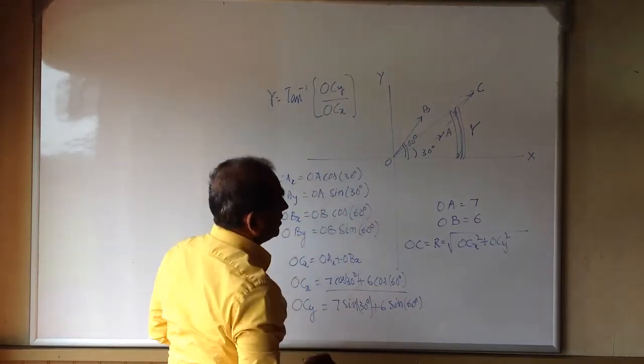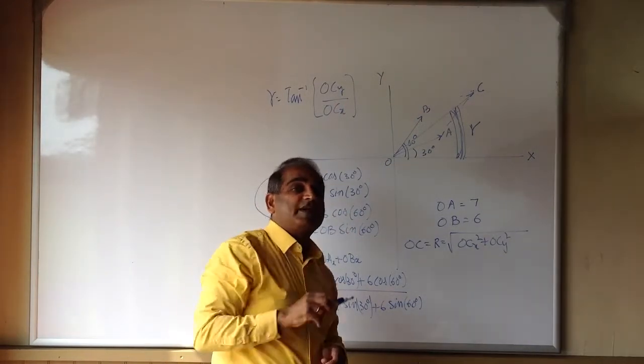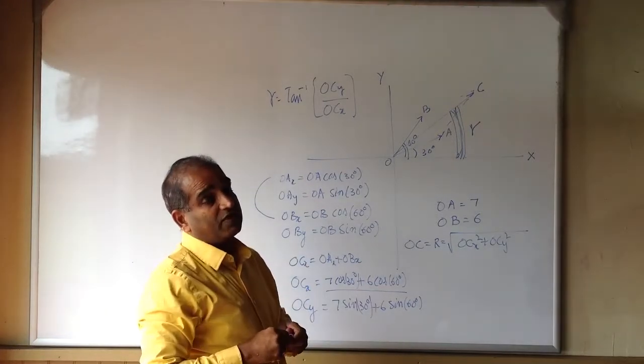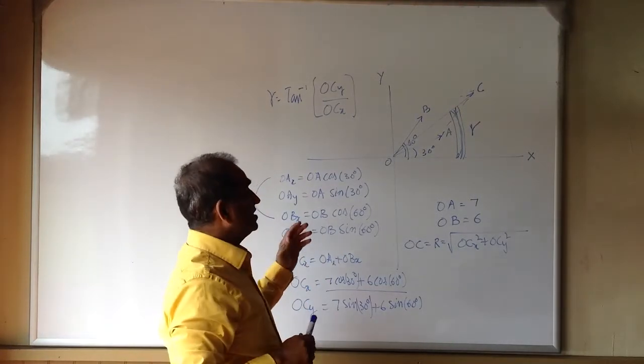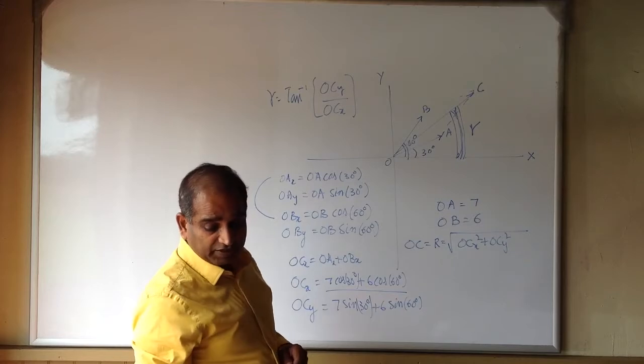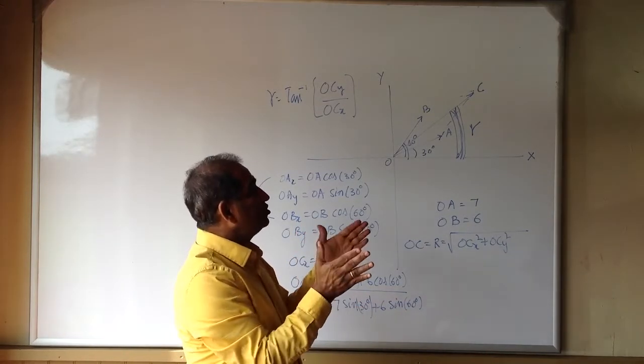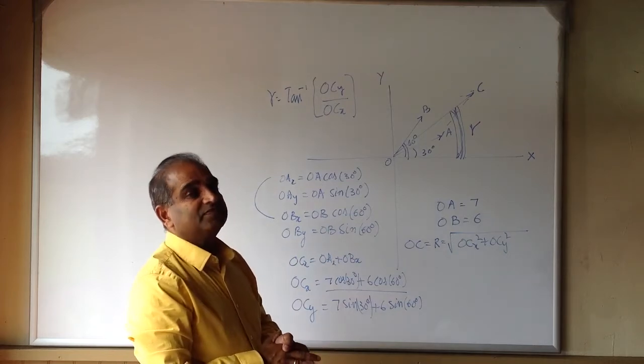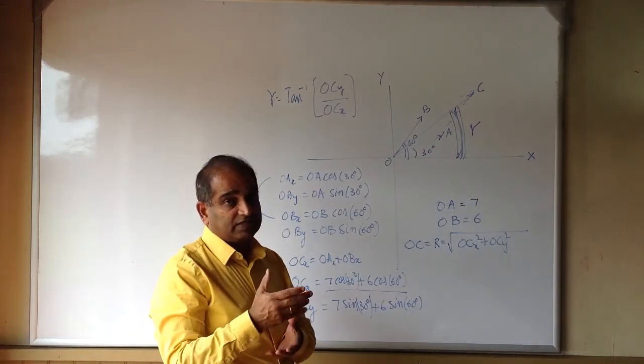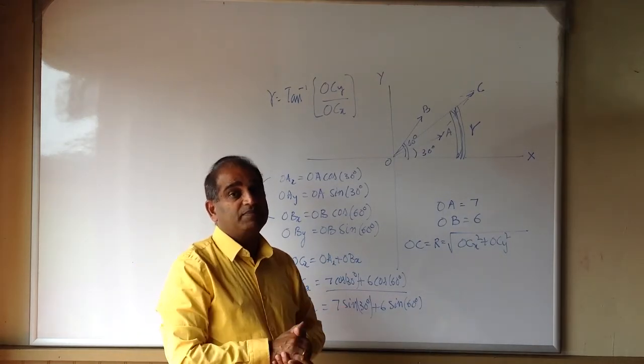That will be the same thing as what you obtained previously with alpha plus 30 degrees. So this is the second method of finding the sum of two vectors. Alright, we will do some other problems in the next class.